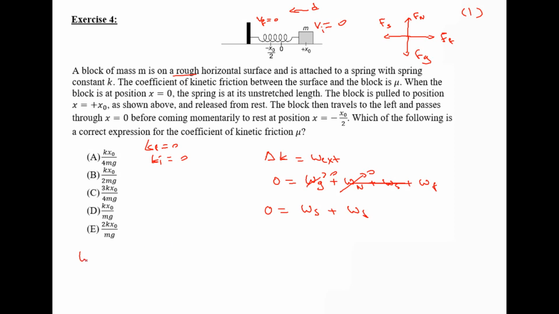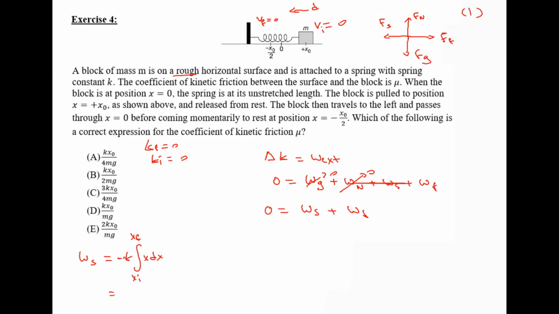The work done by the spring would be dealt with alone. Now here they didn't mention the type of the spring. For this reason we're going to take it to be an ideal spring, and this is given by minus K integral of x dx from an initial position to a final position. What is the initial position?